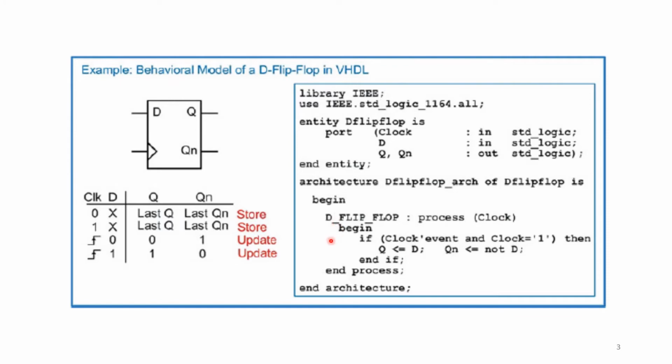Again the begin, so it is activated only when your clock is high, so you can write if clock'event and clock = '1', or you can write if rising_edge(clock), then your Q will be getting the value of D when your clock is activated, right? And Qn will be getting the value of not D, because this is the inverse of Q. And end if, end process and end architecture, which is a very typical setup for a D flip-flop, and if you run it, then you get the expected output for a D flip-flop.